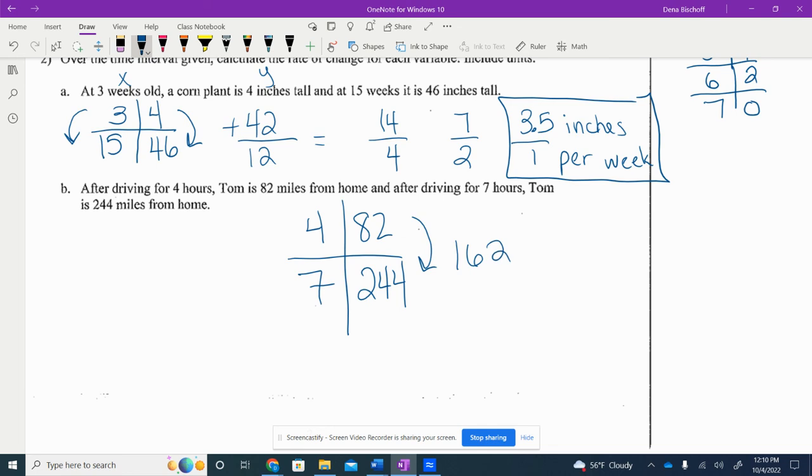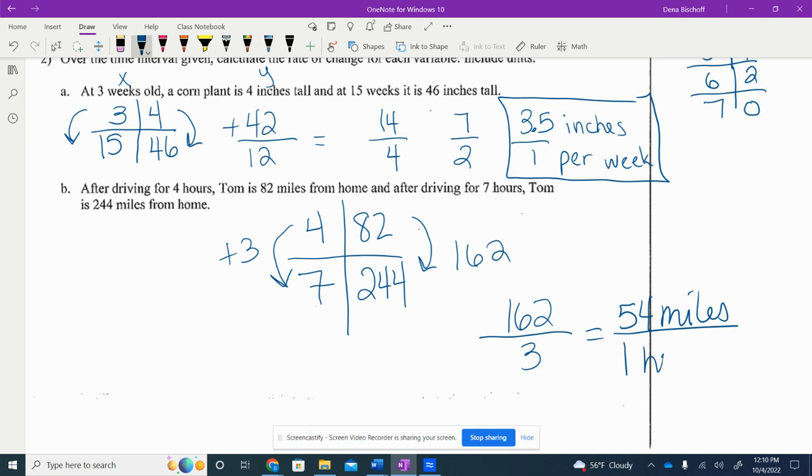Thank you, 162. 4 plus 3 is 7. So my change, 162 over 3, and that does reduce nicely. What's 162 divided by 3? So it's 54 miles for each hour, or per 1 hour.